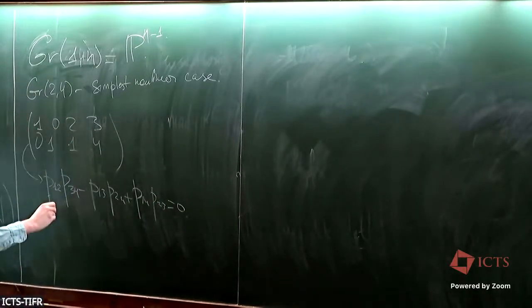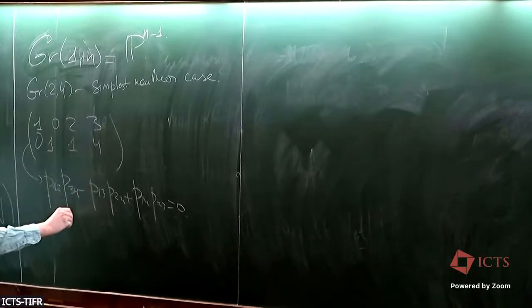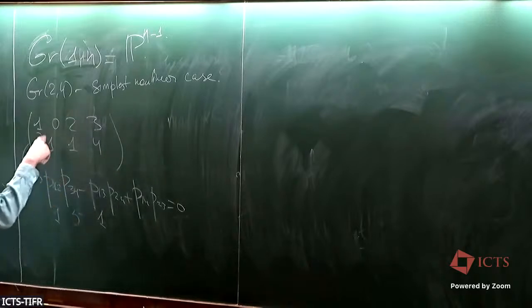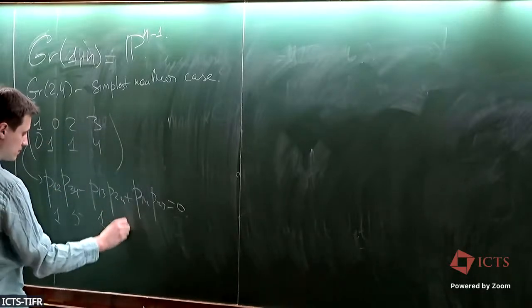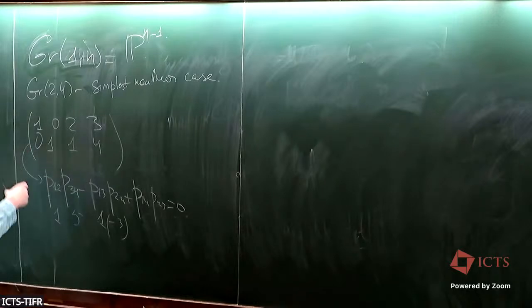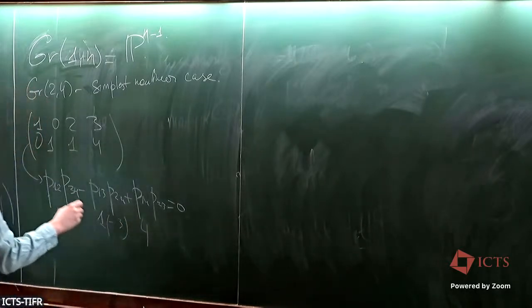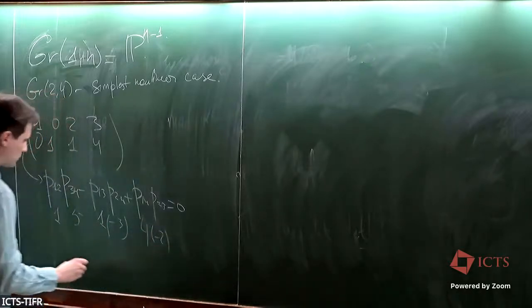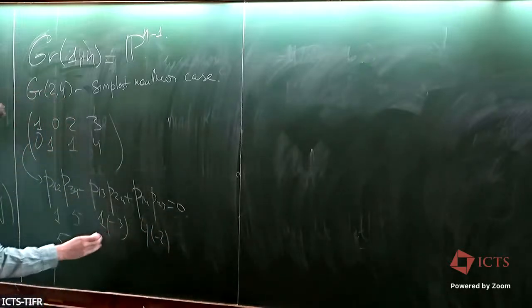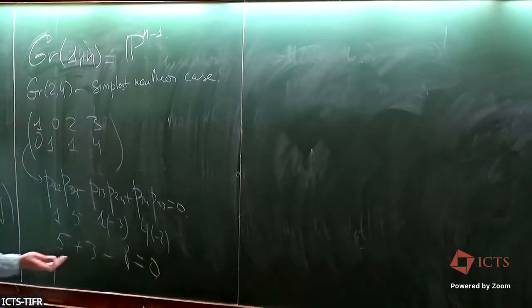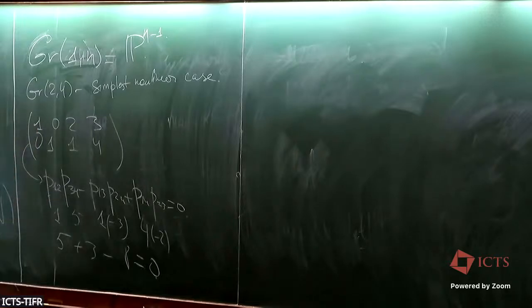P12 is 1, P34 is 5, P13 is 1, P24 is minus 3, P14 is 4, and P23 is minus 2. So we have 5 minus 3 plus 3 is minus 8, which seems to be 0. So this relation actually always holds between the minors.